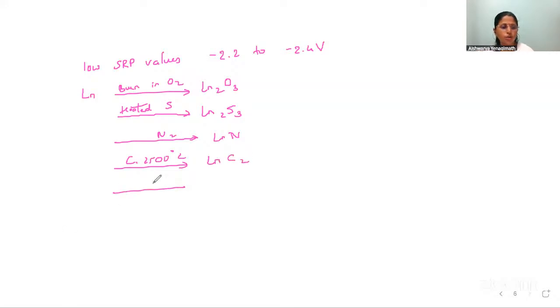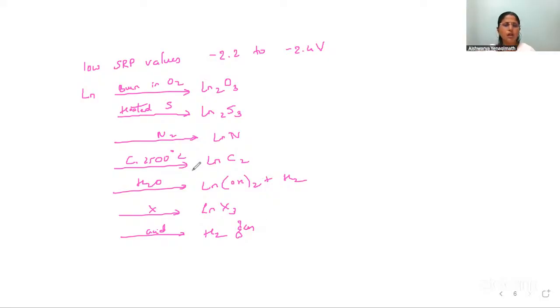With water, H2O, it forms hydroxide, Ln(OH)3, plus there is liberation of hydrogen gas. With halogens, usually represented as X, it forms LnX3, halides. With acids, hydrogen gas is released. So this is the chemical reactivity of lanthanides in general.